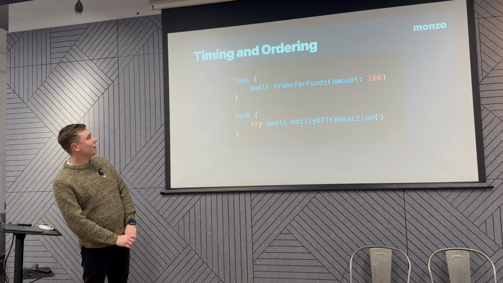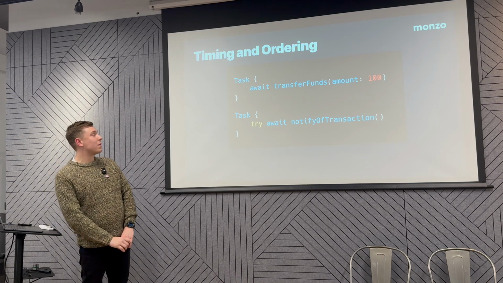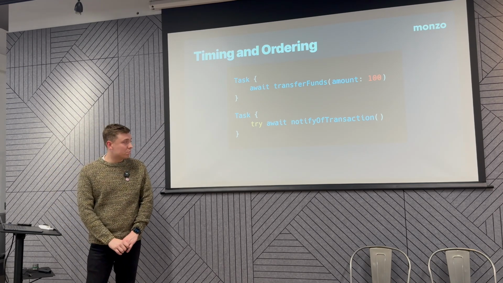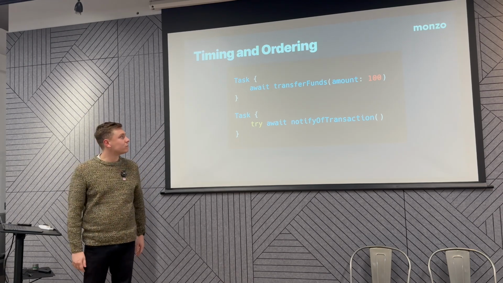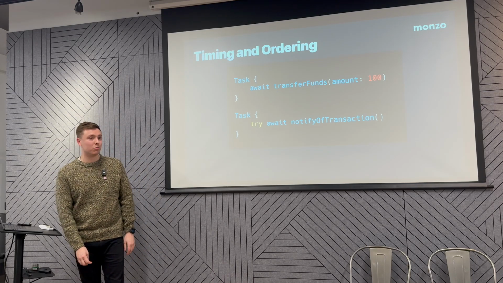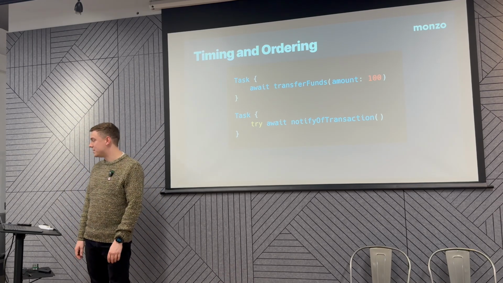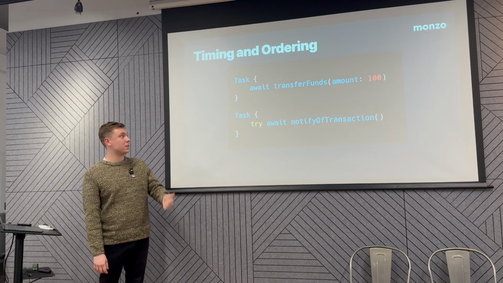We think it's okay. And in, say, a dispatch world, if these were dispatch main async, or even sync, they would run in the order that you create them. This is not true in concurrency. There is no guarantee about which one will run first. So it would be very easy for this one to accidentally notify before it is finished transferring the funds.